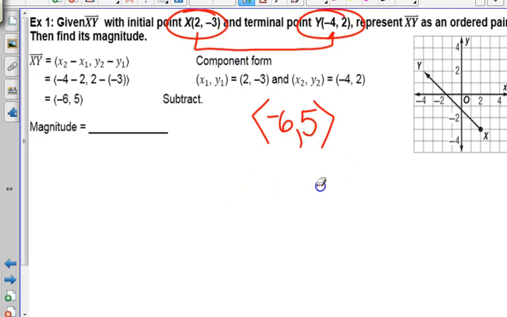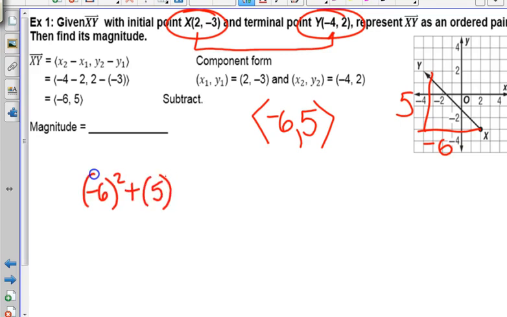All right, then to find the magnitude, we're going to do Pythagorean theorem. Always, always, always, and forever, okay? When they want the magnitude of something, if we know the components, we're doing Pythagorean theorem. So if it's going left 6 and up 5, we just do Pythagorean theorem, and remember Pythagorean theorem is going to make it positive.